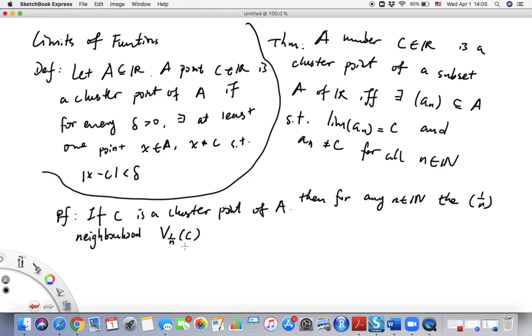So this is a neighborhood centered at c with radius 1 over n.